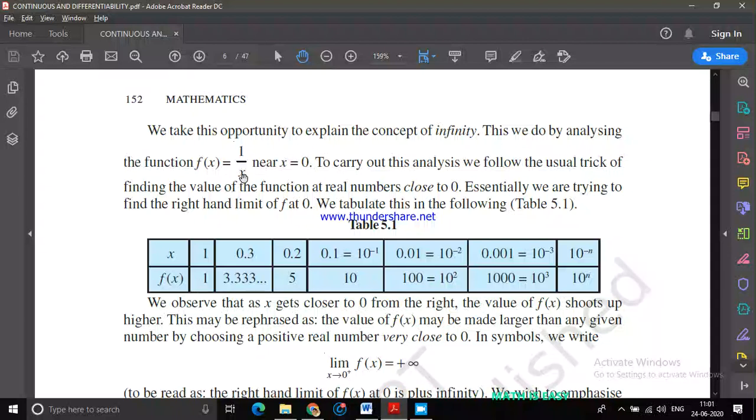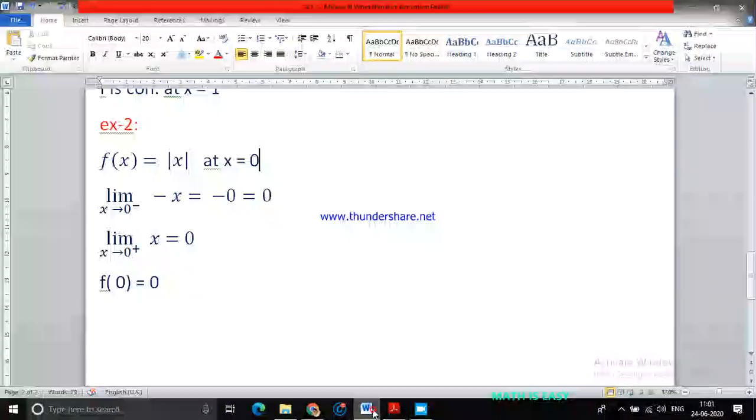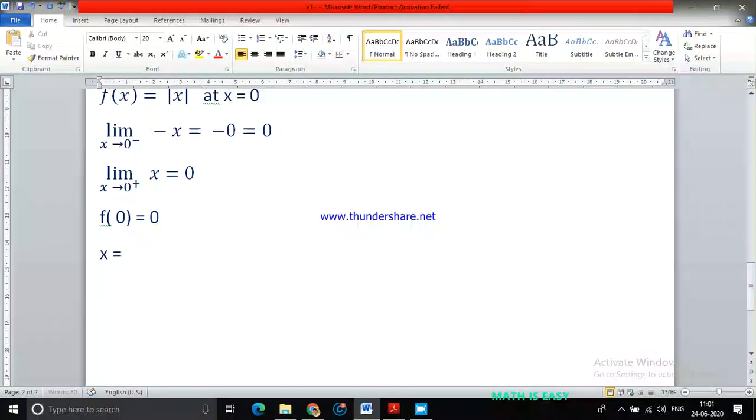If x is 0.3, then f of 0.3 equals 1 upon 0.3, which is nothing but 10 by 3, which equals 3.333, and it will go on.